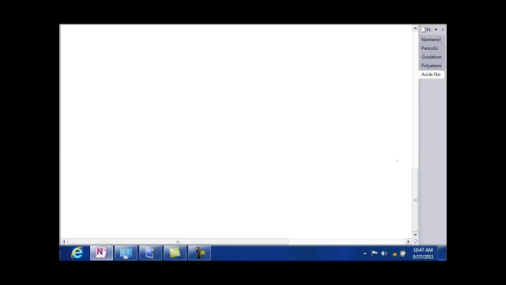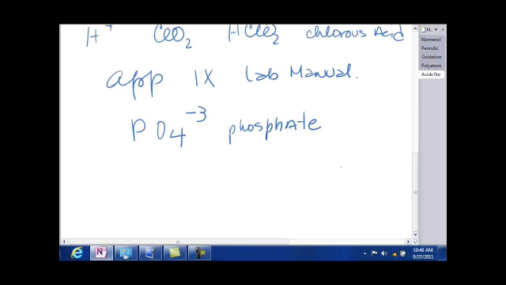But once you realize that that's phosphate, you say, okay, I am going to combine a phosphate with one H plus. Or maybe I want to combine it with two H pluses. I am not going to combine it with 3.